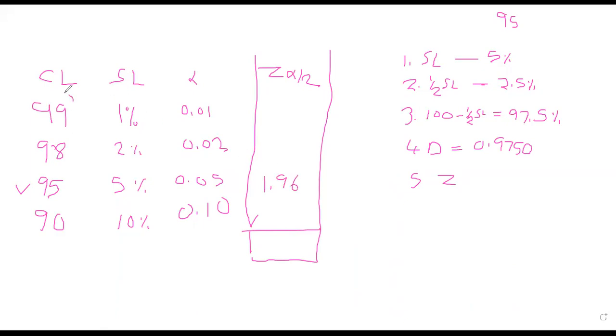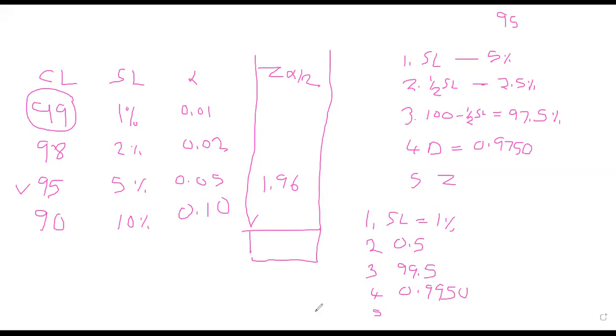Okay, together, let's see the Z for 99%. Step 1, the significance level is 1%. Step 2, half of the significance level, which is 0.5. Step 3, we subtract from 100, which is 99.5. Step 4, convert to decimal, which is 0.995. Then check from inside the table.